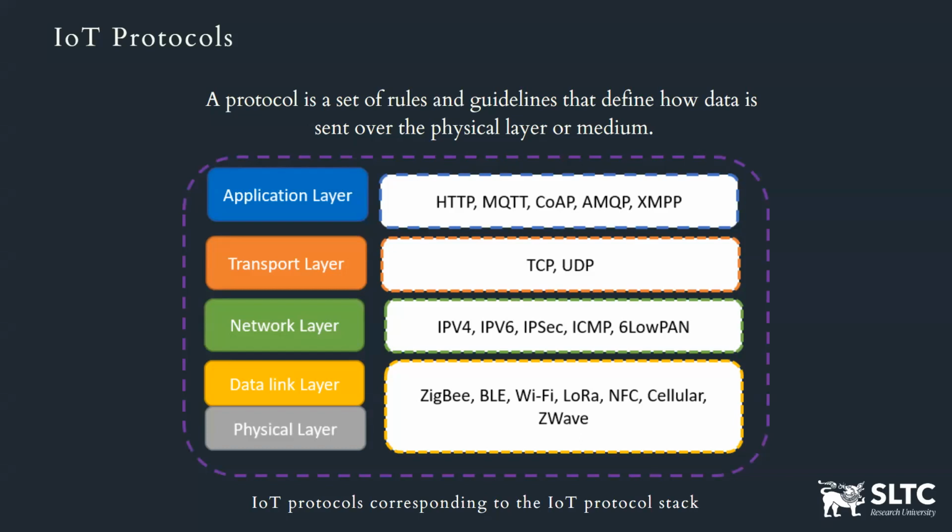So after you develop, and once you're trying to transmit the data, you need to use different communication technologies, and you need to use different network layer protocols, transport layer protocols, and application layer protocols to transmit the data.